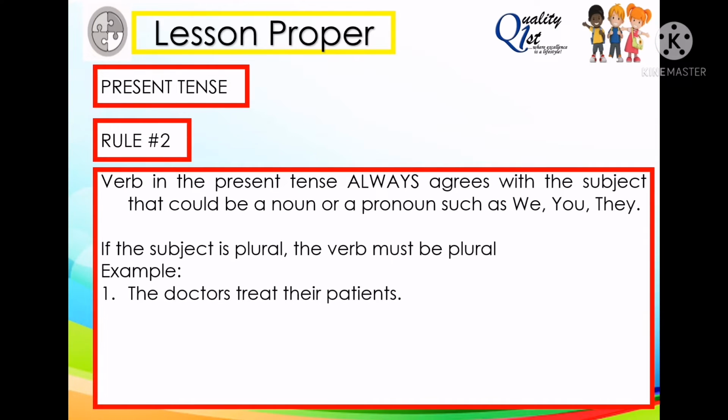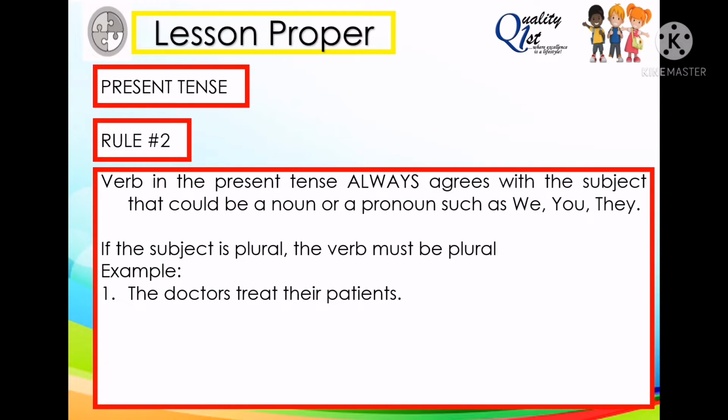For rule number 2, verb in the present tense always agrees with the subject. That could be a noun or a pronoun, such as we, you, and they. Now, in this case, if the subject is plural, the verb must also be plural. Remember that, okay?